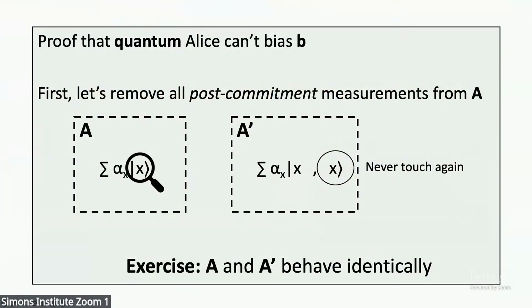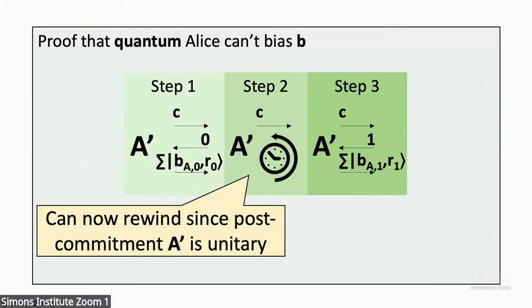It's an easy exercise. Anytime you were going to measure X, you instead write X comma X, and you take the second X and move it somewhere else and never touch it again. And this A prime will behave exactly like A. So we can remove all of the measurements from A.